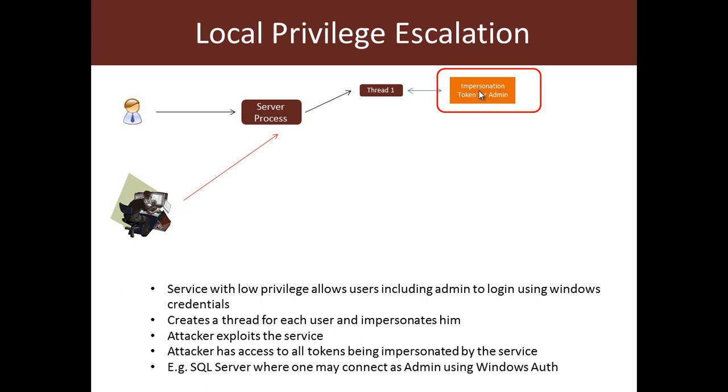A typical example would be a SQL server where one may connect as admin using Windows auth, even though the SQL server itself might run as a low privilege user. But when an attacker subverts the SQL server, then the admin's token might still be available in memory, right? And which the attacker can use and assume the identity of the admin. So this is the local privilege escalation attack using impersonation tokens.